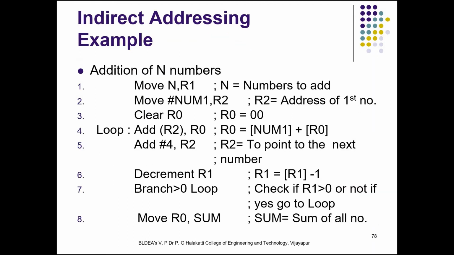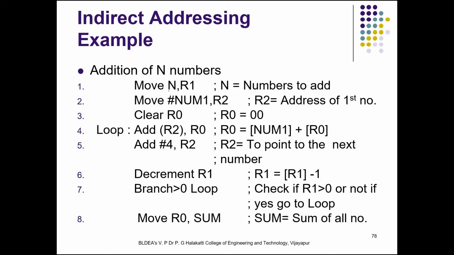Okay, let's see one example so that we will understand it much better. The same addition of n numbers program we will take and we will see how different addressing modes can be used here. Now initially, as we all know, if I'm going to use looping, I need to know the count, how many times the loop has to be repeated.